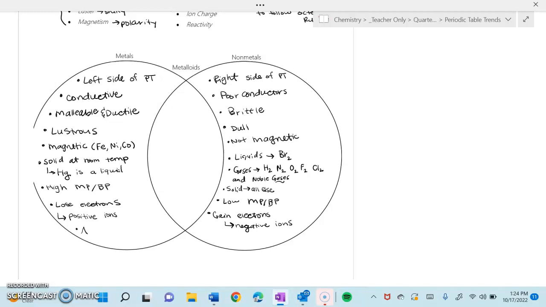For the metals, that is the alkali metal group that only has 1 valence electron. So our alkali metals are the most reactive metals. And the most reactive nonmetals are the ones that have 7 valence electrons. This is the halogens, the most reactive of the nonmetals.